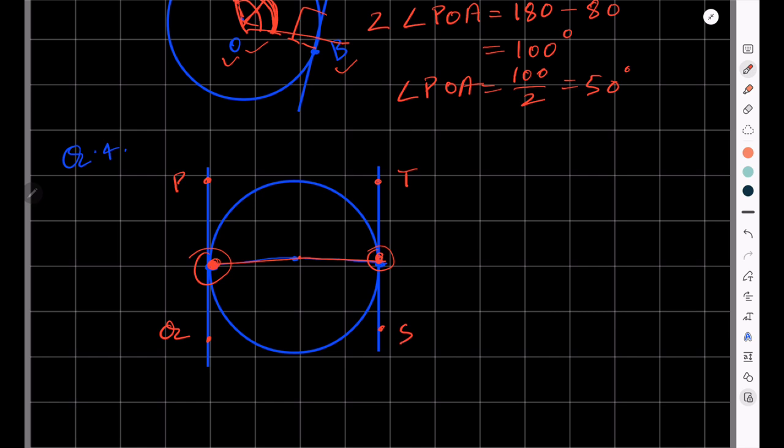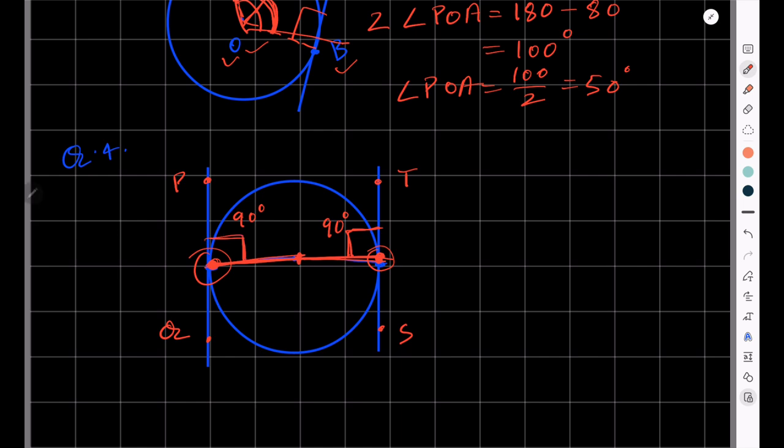So tangent PQ will make an angle of 90 degrees, isn't it? Why? Because this is the radius, isn't it? And the same radius extends till this point, where the second tangent is drawn, and this will also be 90 degrees because all tangents make a 90 degree angle or are perpendicular to the radius, or you can say also the diameter.